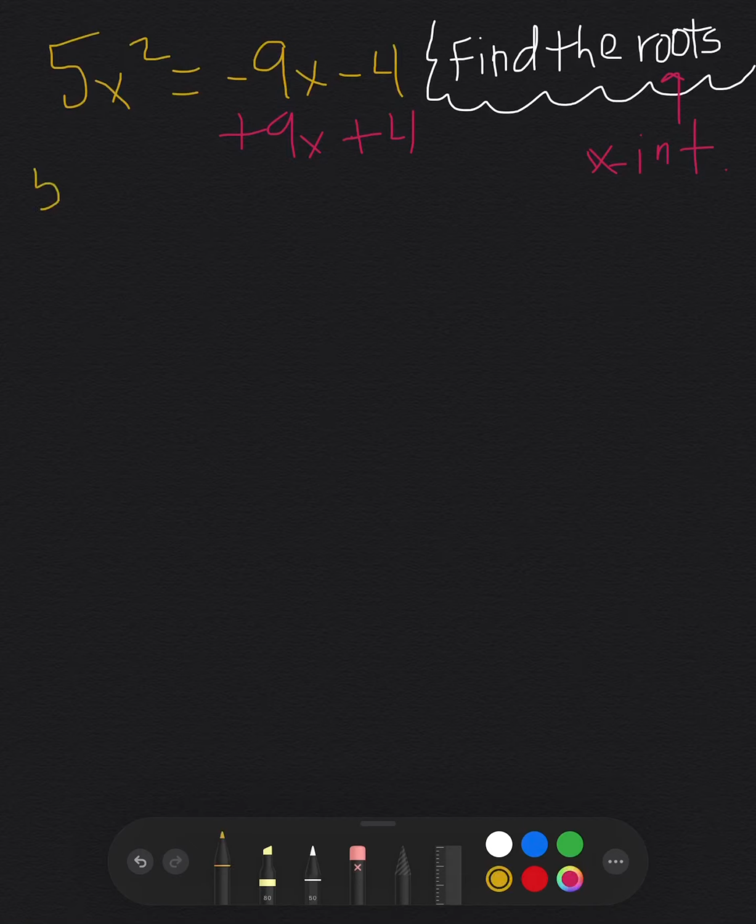So that way you have 5x squared plus 9x plus 4, and essentially these kind of cancel out over here, so it equals 0. Now that it equals 0, all the stuff is on the left side, we can now factor.